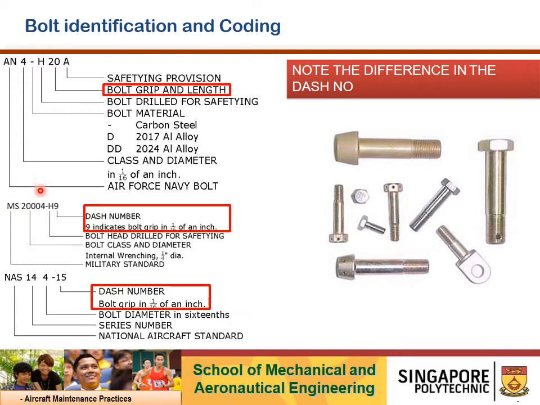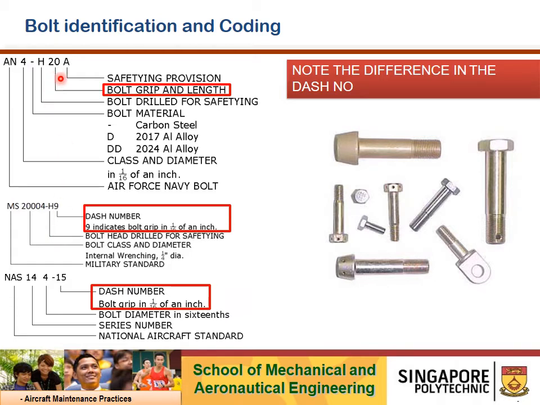Take note that these various examples show AN, MS20004 and AS144. The last digit represents the diameter of the bolt, which has a denominator of 16. So please take note of that.